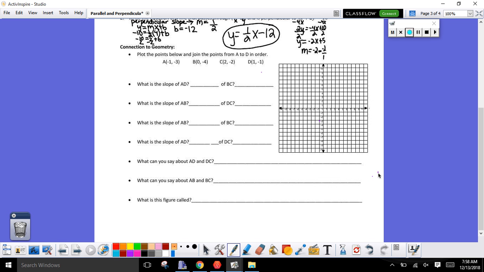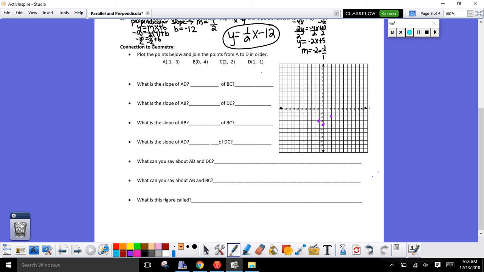And B is at 0. When x is 0, then y is going to be negative 4. When x is 2, y is going to be negative 2.